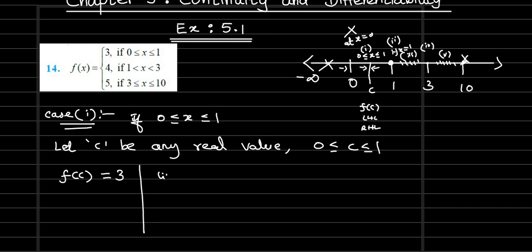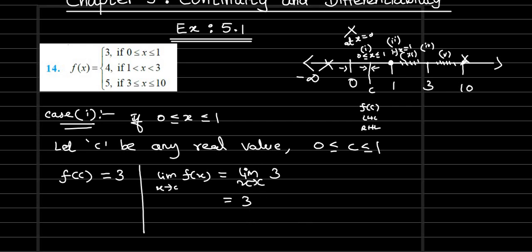Now limit x approaching c of f of x. The suitable function is the constant 3. Whatever we substitute, the result is always going to be 3 only. For any input the result is 3 only here.